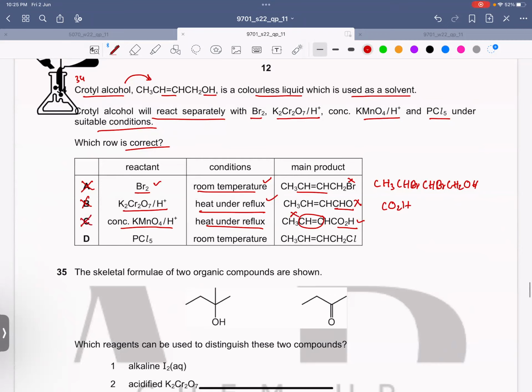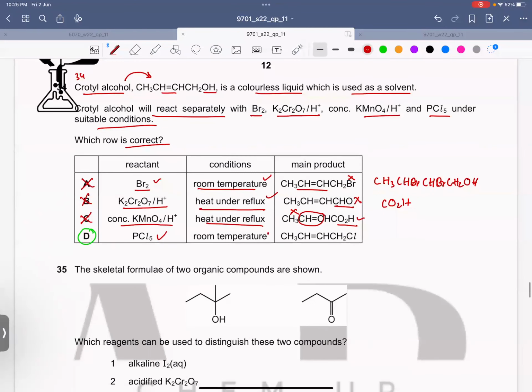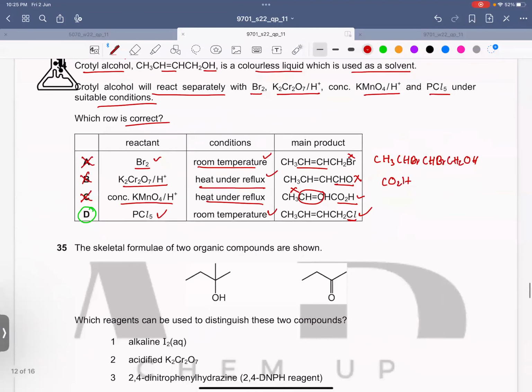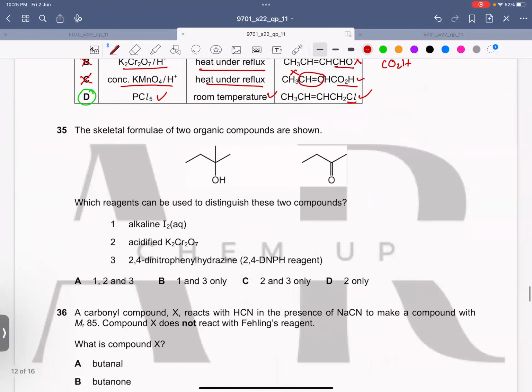So C goes wrong as well. So it means your D option is correct, where we use PCl5 at room temperature, and the only thing that happens is that the OH is substituted by chlorine. So this is correct. Is this clear to everyone? Yes. Okay. Now question number 35.